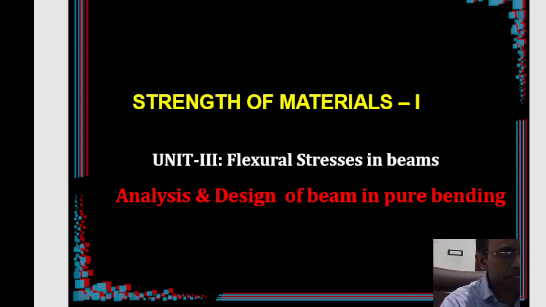In this particular section, what I am going to cover is to compute the maximum allowable stresses due to pure bending for a circular section.